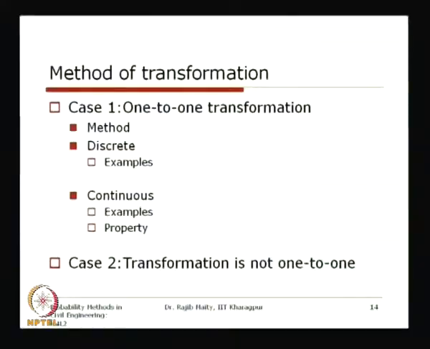Obviously we have to remember that the method of transformation here refers to the one-to-one transformation. So case 1 is the one-to-one transformation, and we will show one example on the discrete and another on the continuous. There could be another case where the transformation is not one-to-one, but we are talking about when the transformation is one-to-one.